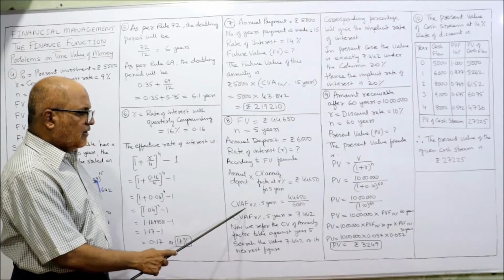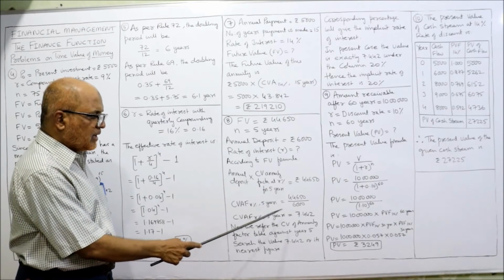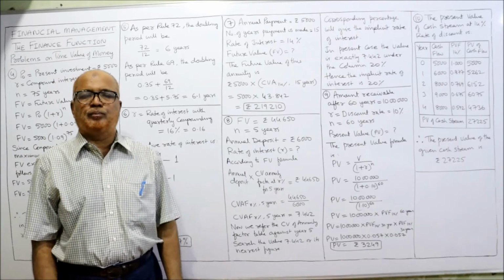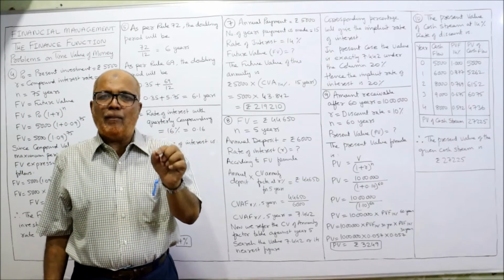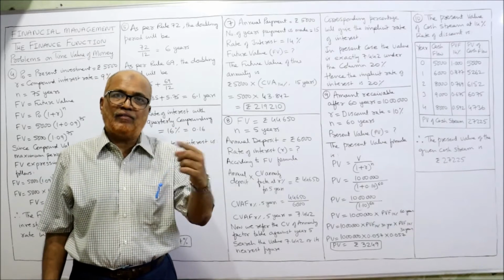So CVAF, the compound value of annuity factor at R% for 5 years, is equal to 7.442.